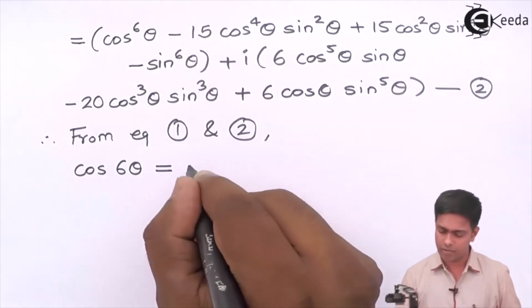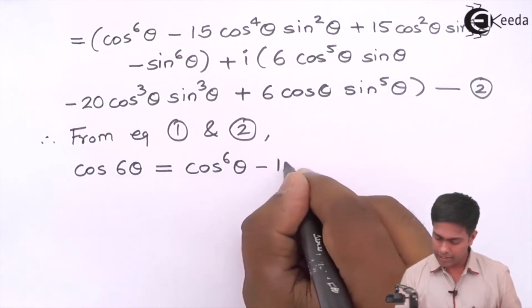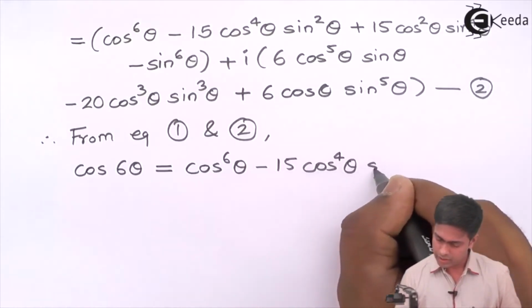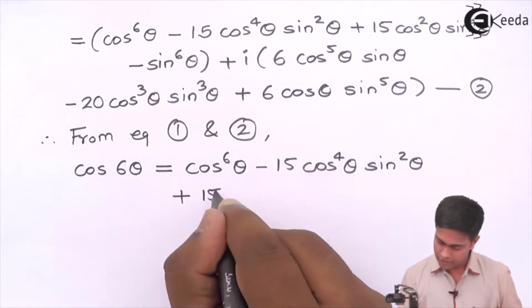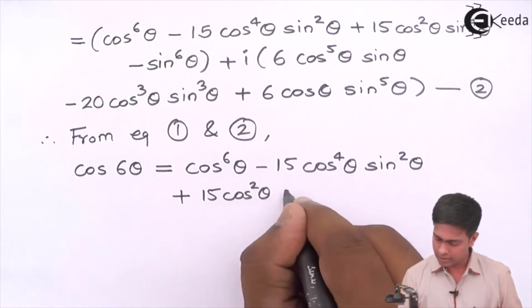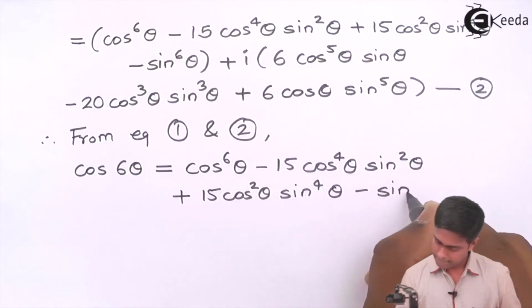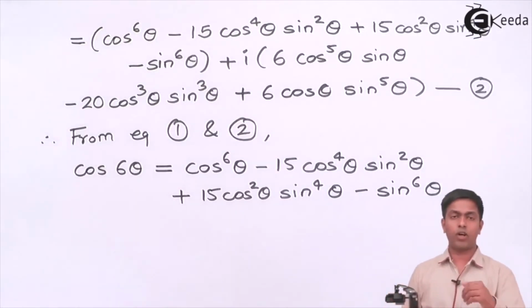So cos 6 theta will be cos raised to 6 theta minus 15 cos raised to 4 theta sin square theta plus 15 cos square theta. And by doing this, we got the value of cos 6 theta.